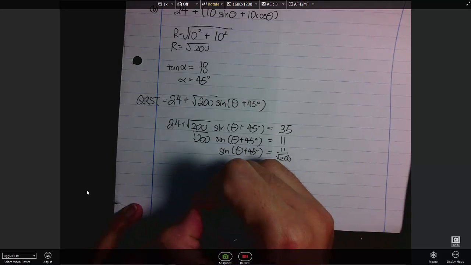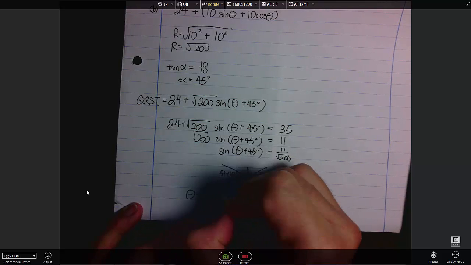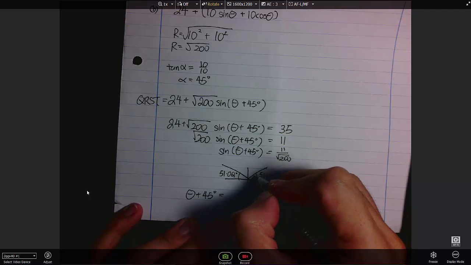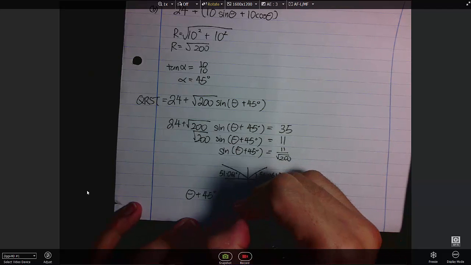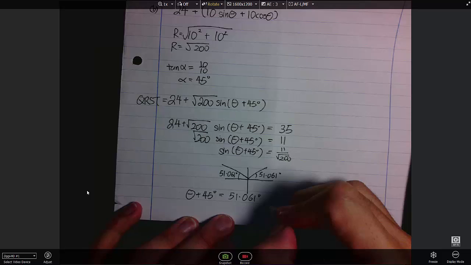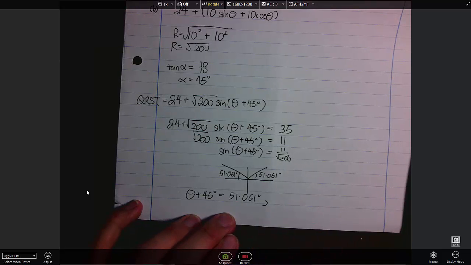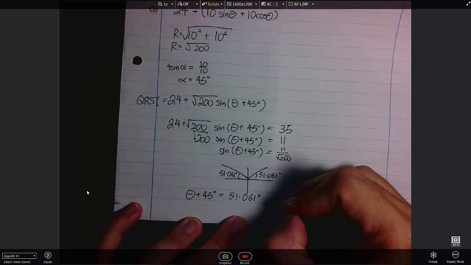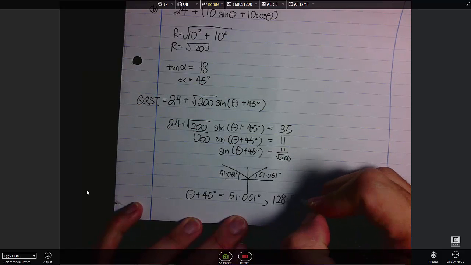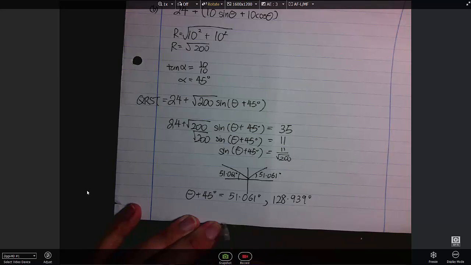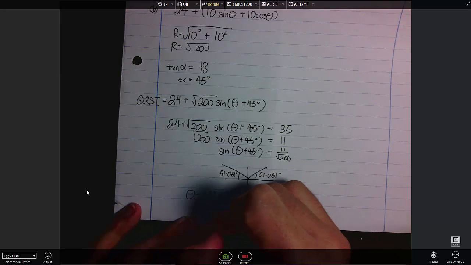So I write theta plus 45 degrees is equal to 51.061 degrees, or it can also be equal to 180 minus 51.061, which is 128.939 degrees. Then you minus 45 degrees for both.